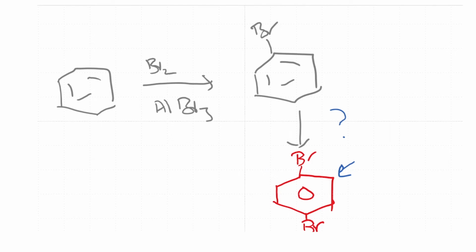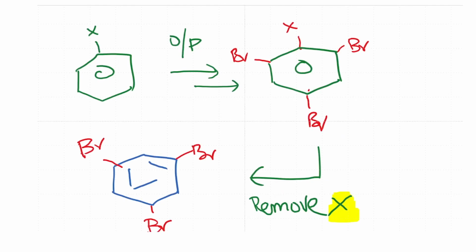In order to get 1,3,5, one strategy that we could adopt is to start with a substituted benzene compound, which we have to prepare from benzene itself. If that group is ortho-para directing and highly activating, then it's possible that you can prepare 1,3,5-tribromobenzene. In this case, it will be 2,4,6.